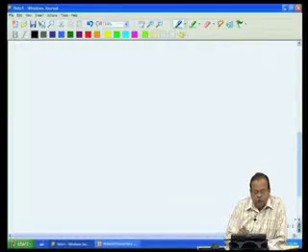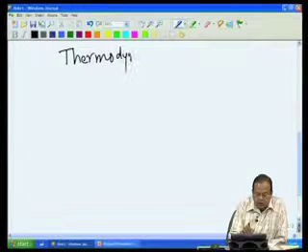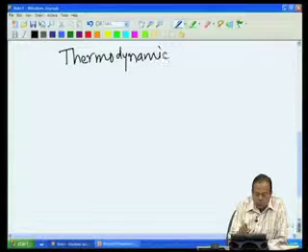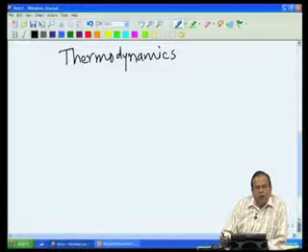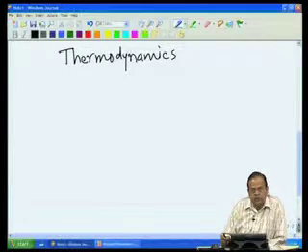Then we spent little bit of time on looking at thermodynamics of the reaction. Now, why is thermodynamics important? It is important because it gives us the achievable conversions, or the limit to how much reaction will progress.